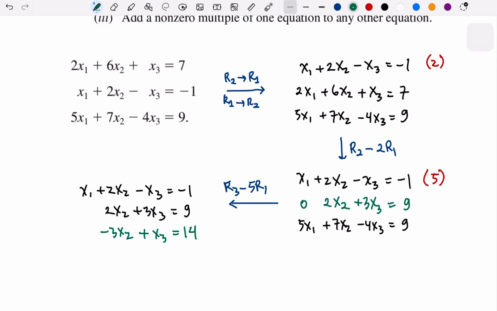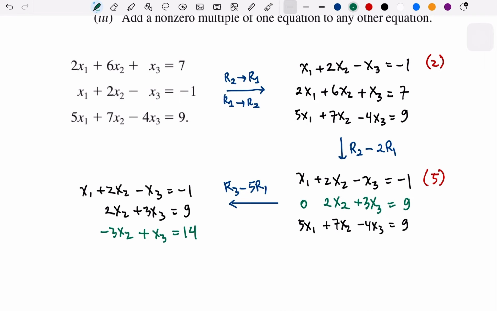Okay, now we have the second row and the third row. The x1 is gone. Okay. And then we are going to add 1 and 2 by removing the x2.